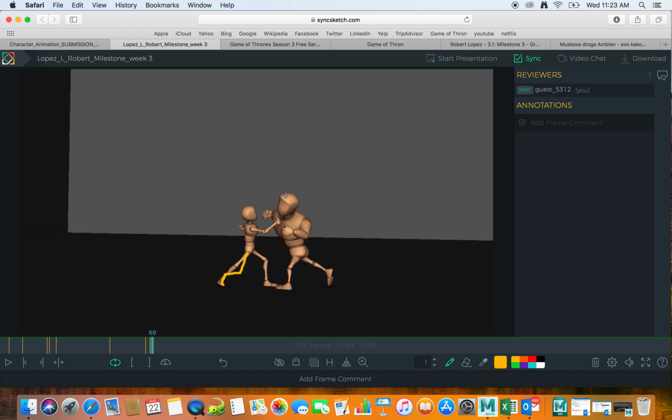It almost looks like this big guy's head comes forward and knocks himself. I don't know if you want to do that or not, because of the speed it's not clear what's going on.